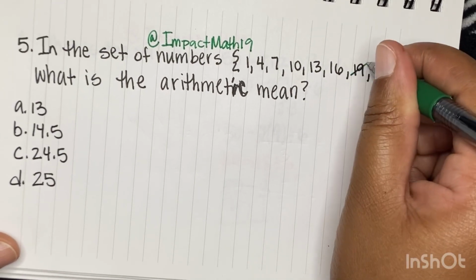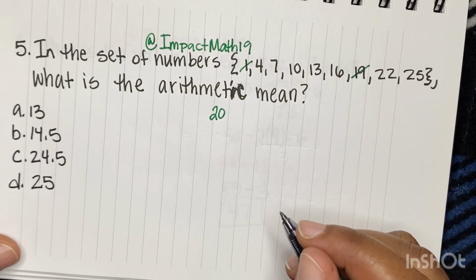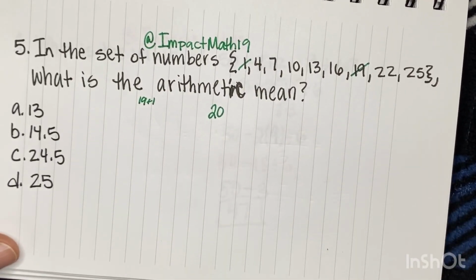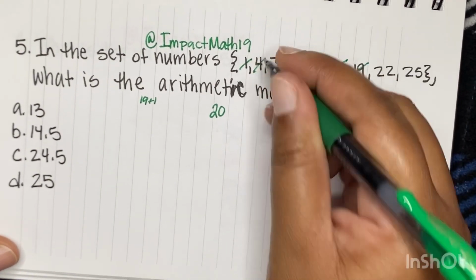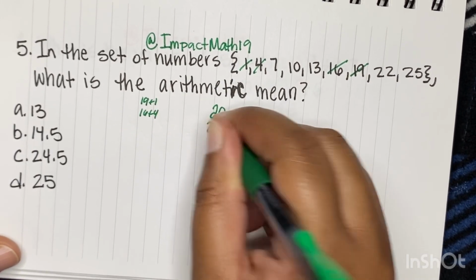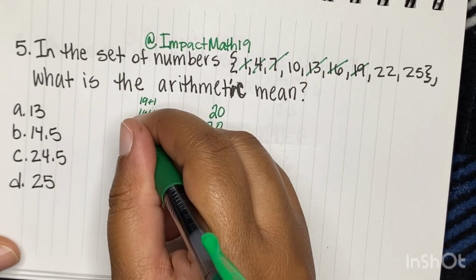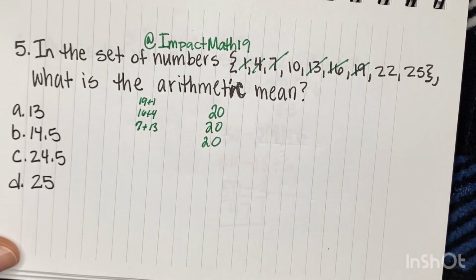I'm going to add this 19 and 1 because I know 19 plus 1 gets me a 20. Now I'm going to do 16 and 4 because 16 plus 4 gets me another 20. If I do 7 and 13, that's another 20.